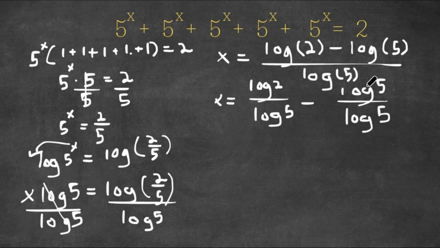Now, log 5 over log 5, these two cancel out, and it's simply just 1. So we get log 2 over log 5 minus 1.